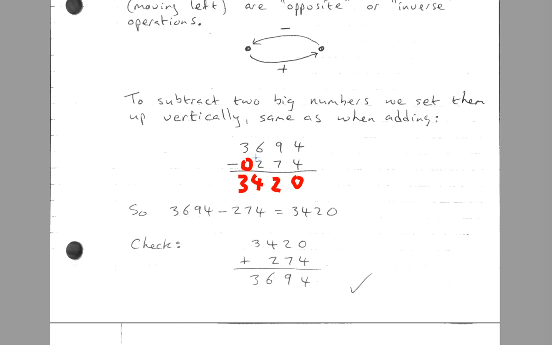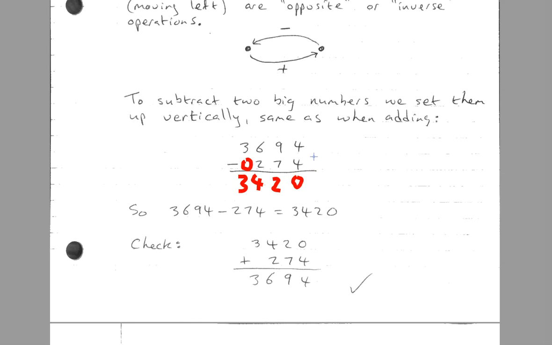All right, so we subtracted 274 from 3,694. We got this number. We can check we got the right answer: if we add that 274 back on, we should get back to the beginning. Okay, so if we do this addition, we get back to 3694.